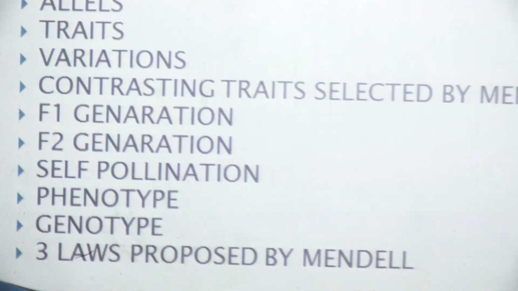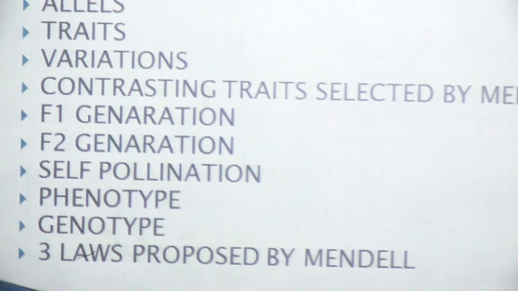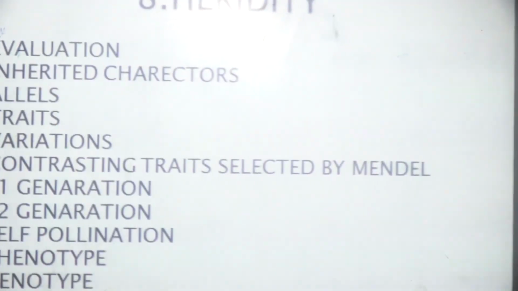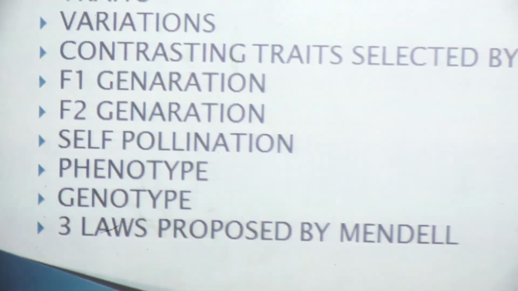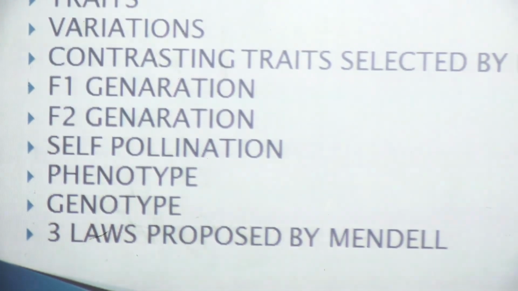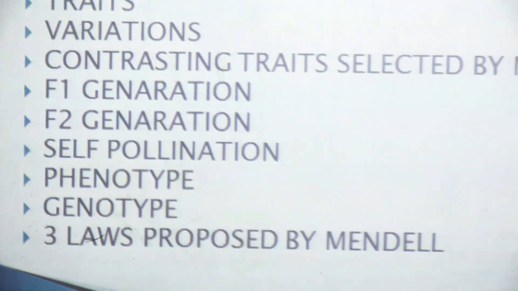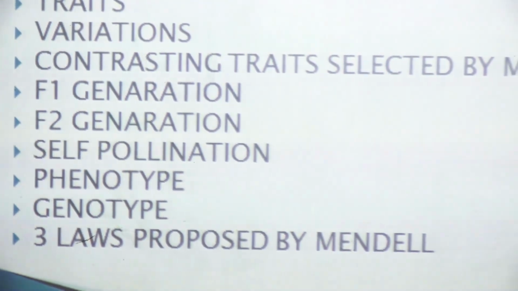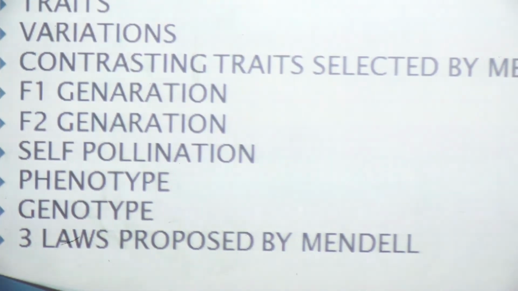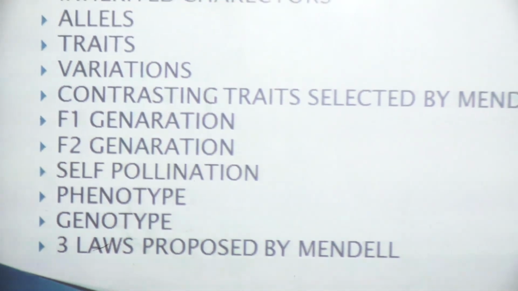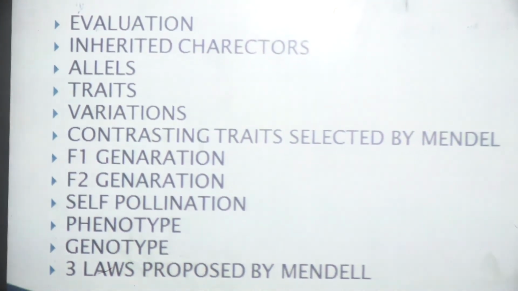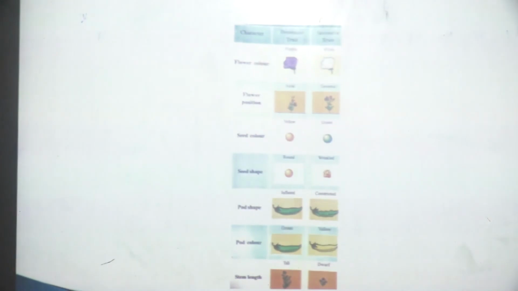Then Mendel proposed 3 laws. What are they? Let me complete this one. Mendel's 3 laws are there. The first law, law of dominance. The second law, law of segregation. The third law, law of independent assortment. These 3 laws are proposed by Gregor Johann Mendel.